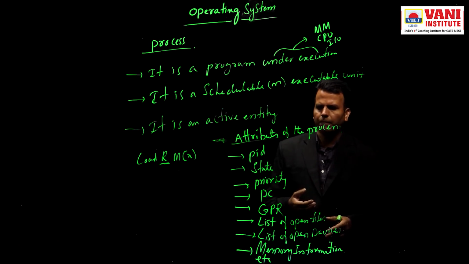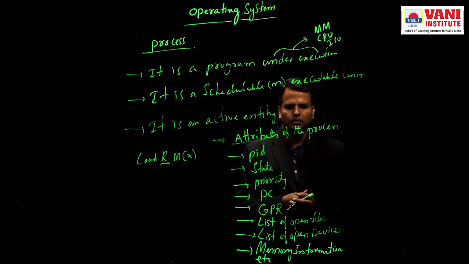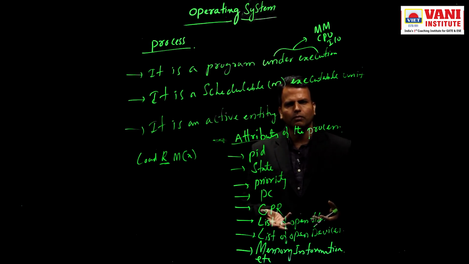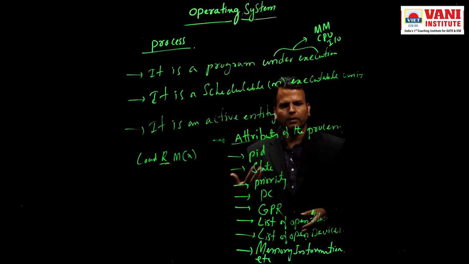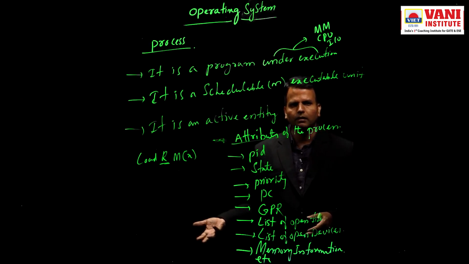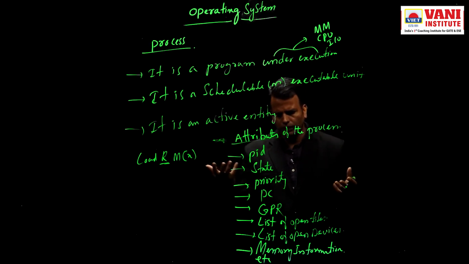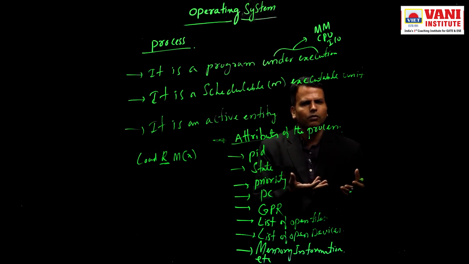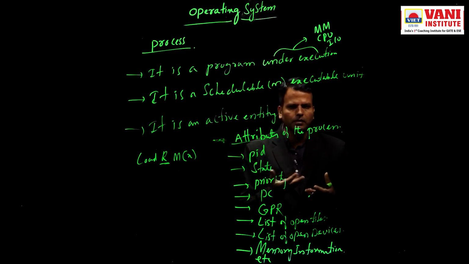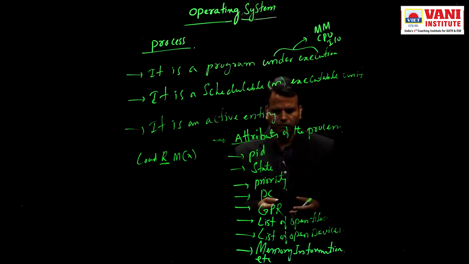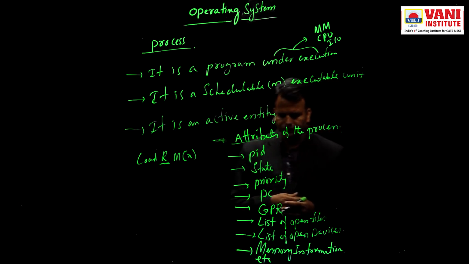Priority: as a human being, we also have some priority at home. My priority is more than my younger ones, and less than my elders. Generally in our homes, father and mother have higher priority as compared with the children.